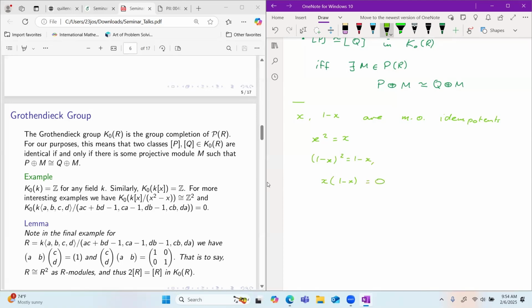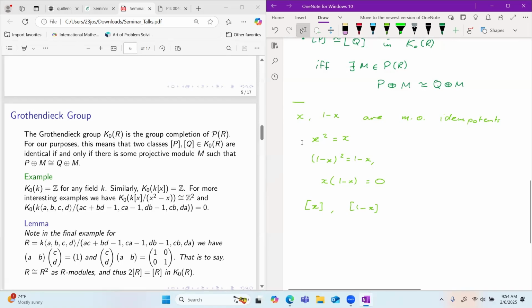So if you recall earlier, the projective modules are just images of idempotent matrices or maps. If we just have the 1 by 1 matrix X, that's an idempotent matrix, as is the matrix 1 minus X. And these form each of the generators in this C2 here.